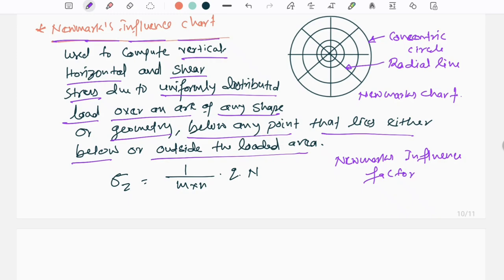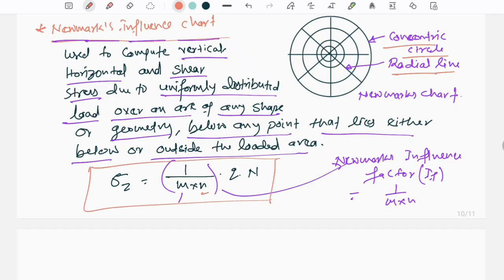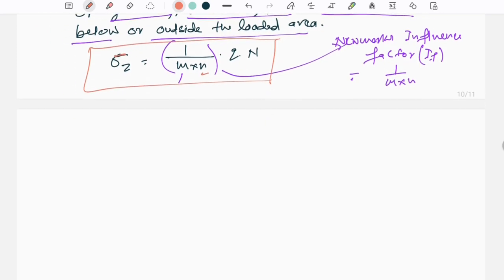Newmark's influence factor IF is equal to 1 upon m into n. Here m is the number of concentric circles and n is the number of radial lines. From this expression you can find the stresses below the point.